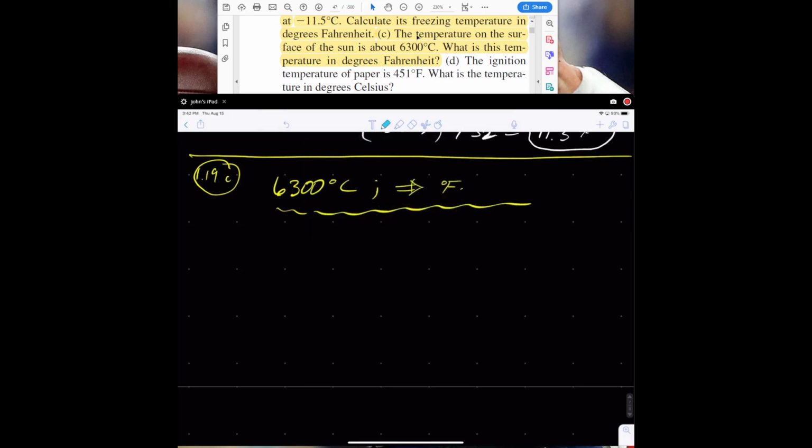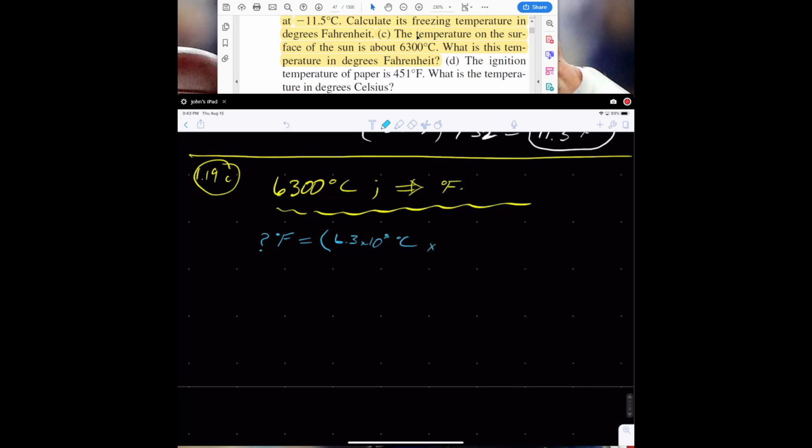Okay, how we set this up: degrees Fahrenheit is equal to, we plug it in, we'll use scientific notation to keep it simple, 6.3 times 10 to the third power. And that's degrees Celsius.